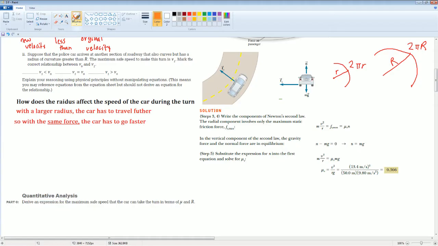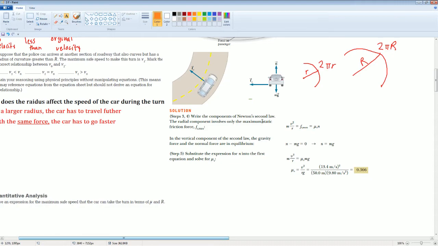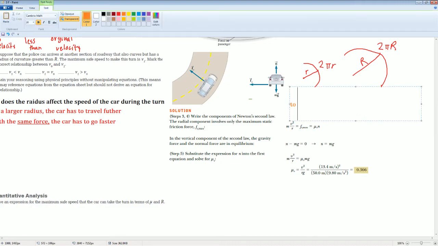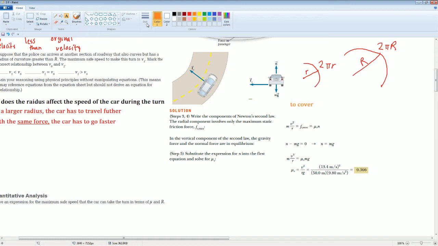Let me write right here, because some of you might not see it. Let's say this is the start, and this is the end.